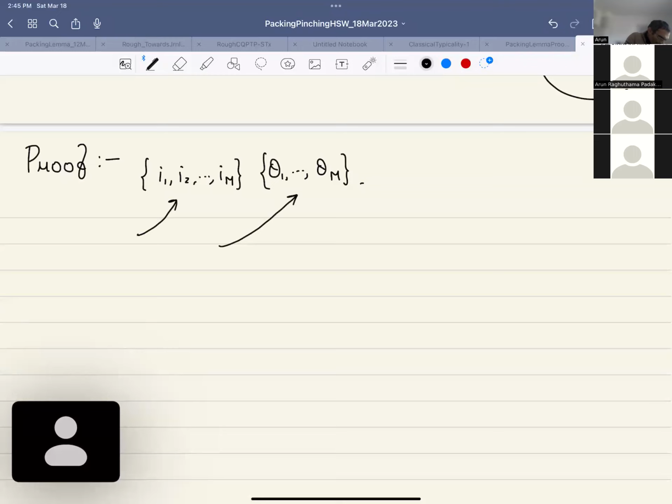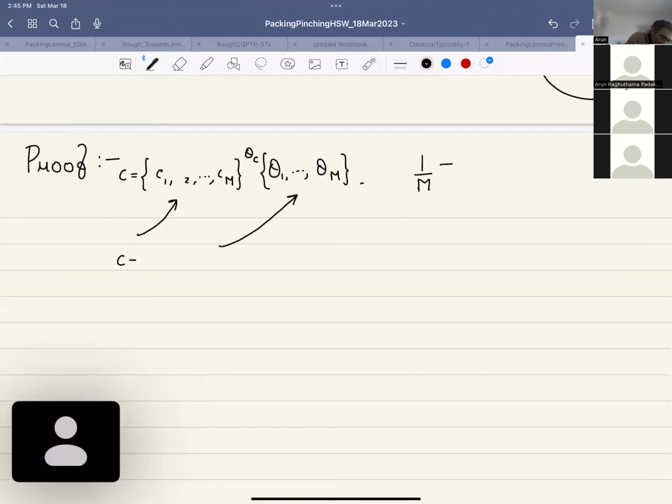So let me take C1 to Cm, and let's call this C. For every C and theta C, there is going to be an error.